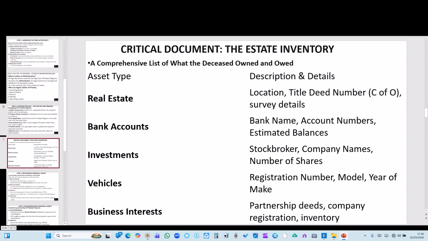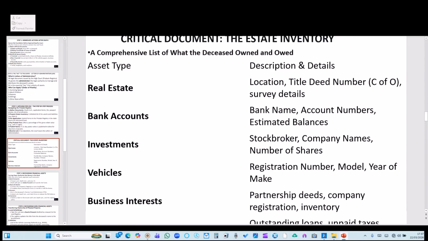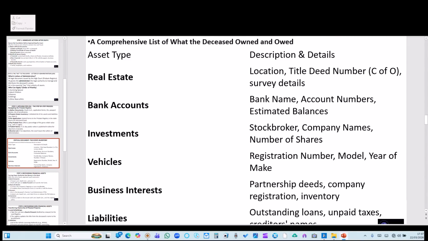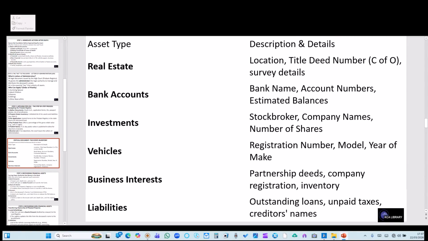Investments, like stockbroker, company name, and number of shares. Vehicles, with registration number, model, and year of make. Business interests, where the description could be partnership deed, company registration, and inventory. Then we have the liabilities, which include outstanding bank loans, unpaid taxes, and creditors' names.